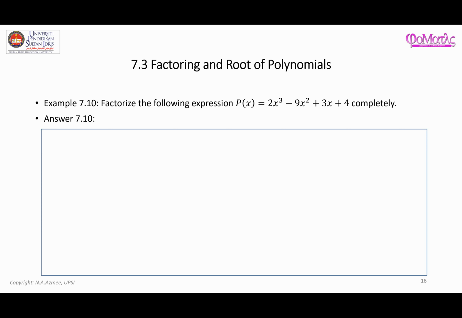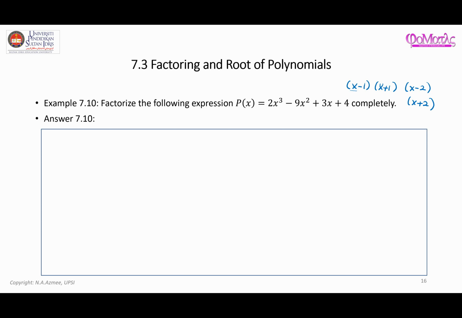For example, we can choose either x minus 1 or x plus 1 or x minus 2 or x plus 2, something very simple to start with. For this one, if x minus 1 is a factor, therefore if you substitute 1 into this expression, the result here will be 0. So now let us try and do that.